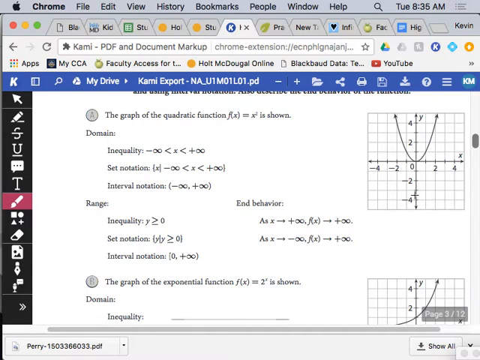But what I'd like to draw our attention to is the end behavior. So the end behavior is asking us, what does the function do at its ends? The first thing is, as x goes to positive infinity, that means as I'm going to the right, what is my function doing? Who can tell me? As I go to the right, what is my function doing? Class, what is it doing?